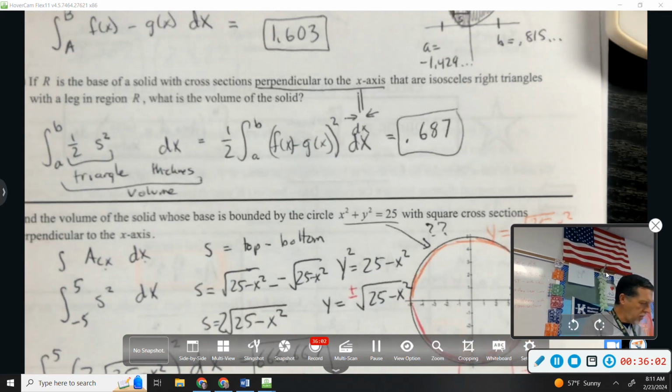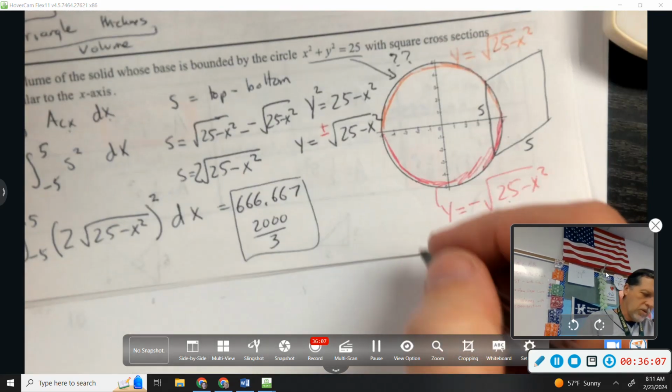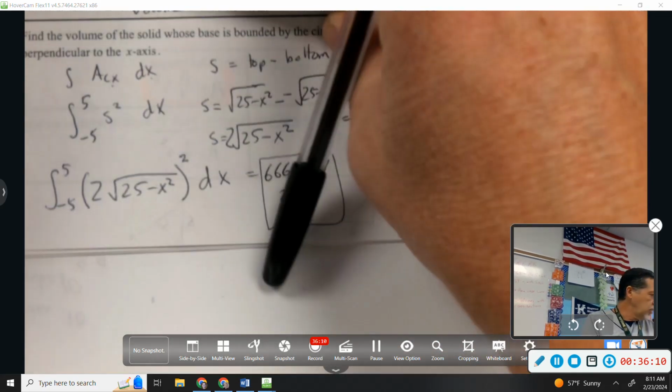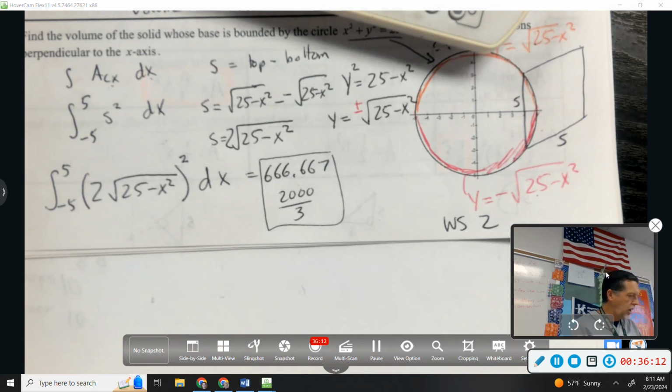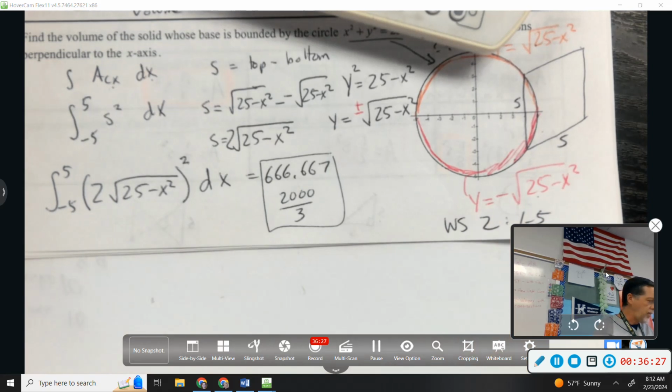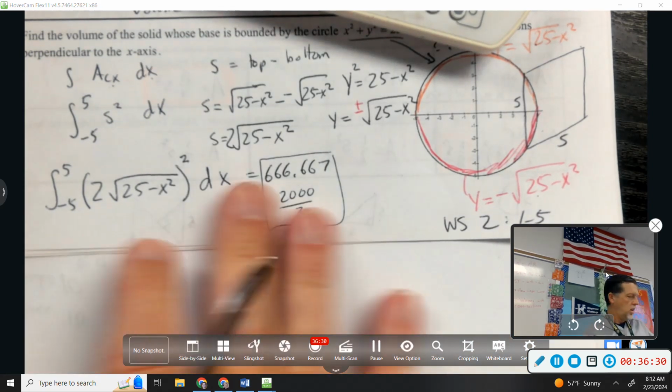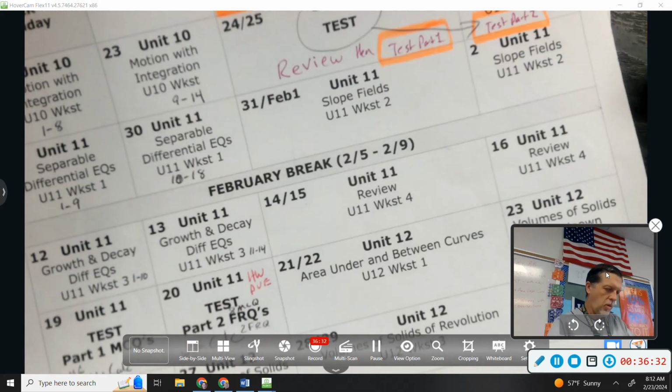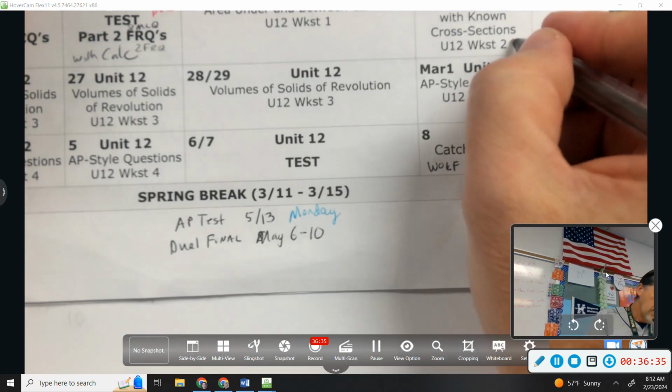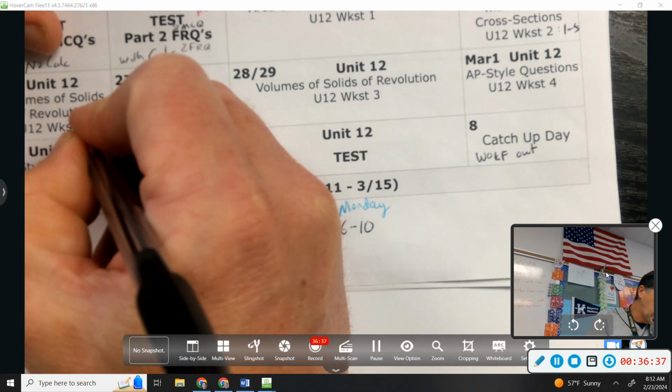All right, let's stop there because we have lots of days next week to go. So let's look at worksheet 2, and we don't need to do all of it. Let's try 1 through 5. Worksheet 2, 1 through 5. And then on Monday, we'll still do worksheet 2.